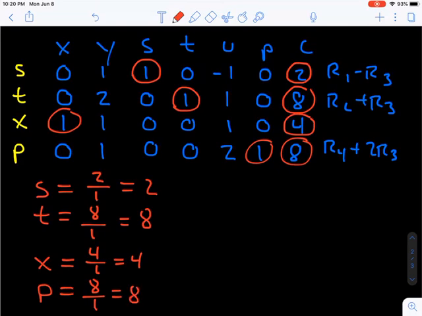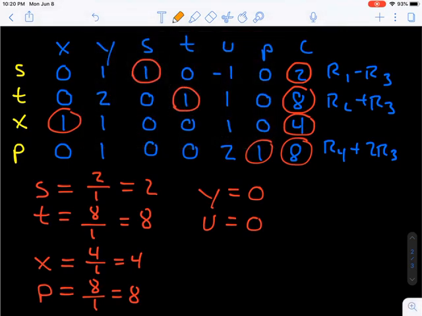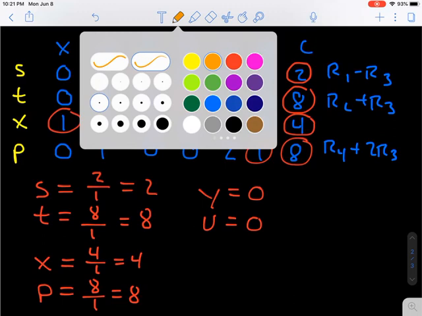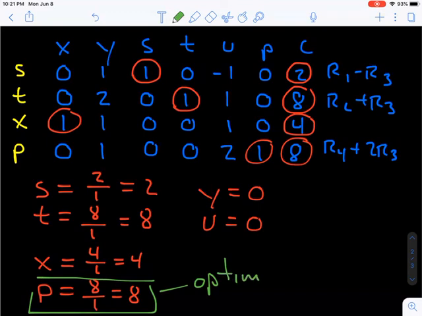So that means that Y is equal to 0 and U is equal to 0. What we're really concerned with, of course, now let's go to green. What we're really concerned with is what is the optimal value? Well, the optimal value is the value of P. So this is our optimal value.